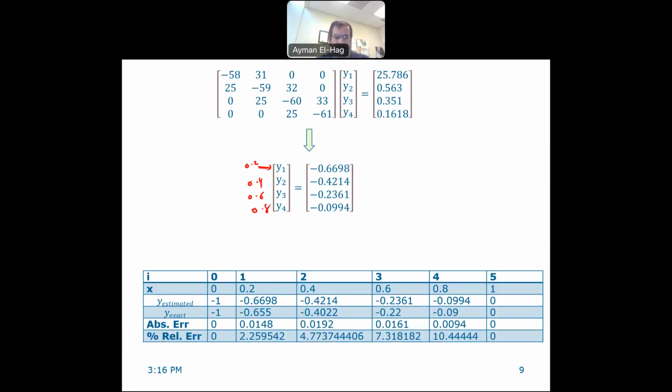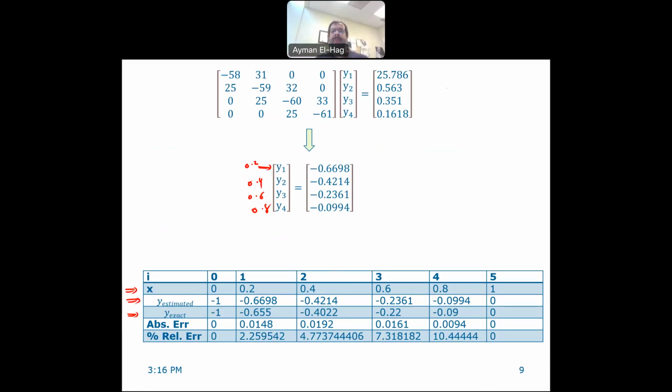These are the x values. This is the estimated value of the y's that we have here, and this is the exact value from the solution that was given to you. Then we can find the absolute error and the percentage relative error. So that's how we can handle a boundary value problem.